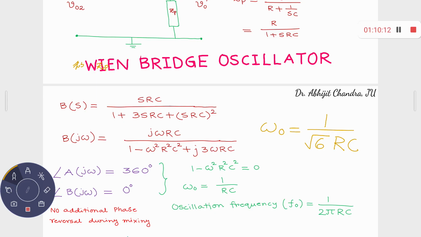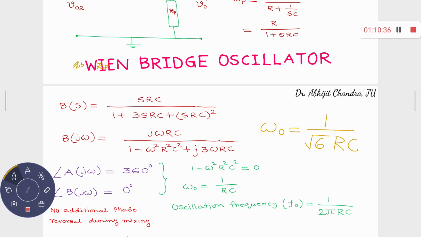There the corresponding oscillation frequency is given by 1 by RC. Previously it was 0.4 times 1 by RC. This time it is only 1 by RC. So obviously the oscillation frequency is improved to some extent if you move from the phase shift oscillator to the wine bridge oscillator.